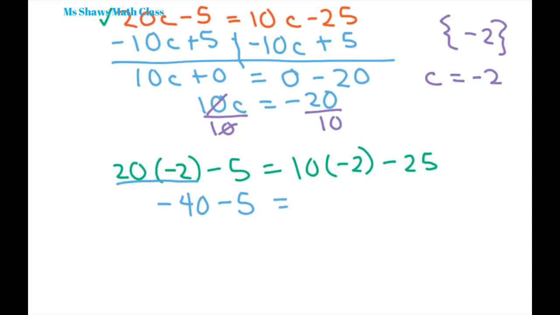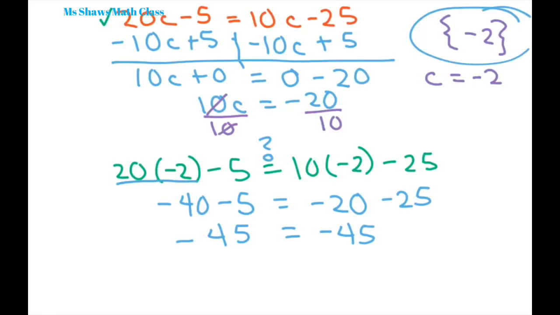Bring down the 5. 10 times negative 2 is negative 20. Now we're trying to see if these two equal. So on the left side we get negative 35. On the right hand side we get negative 35. Since they both equal, that means our solution is correct.